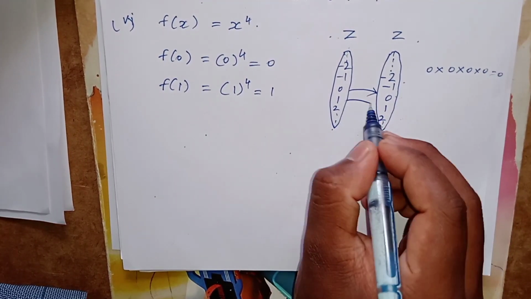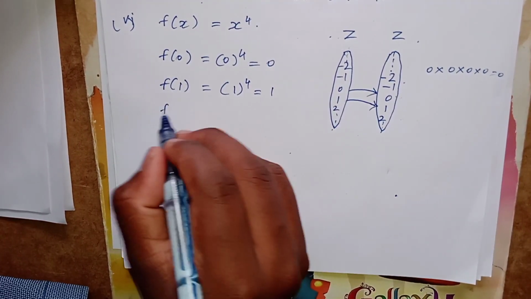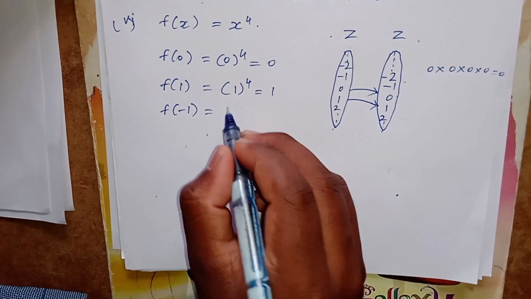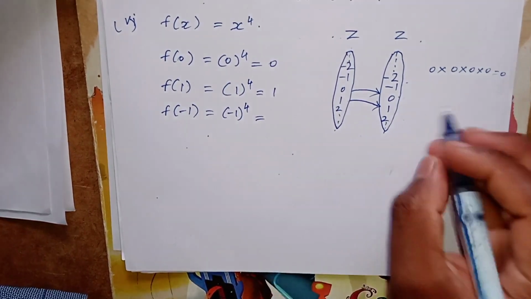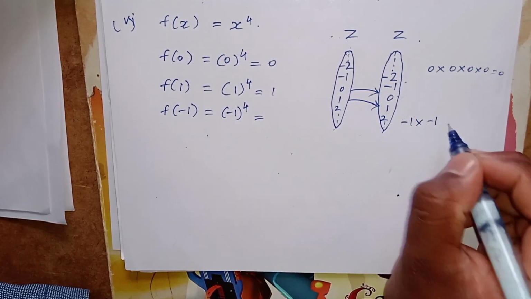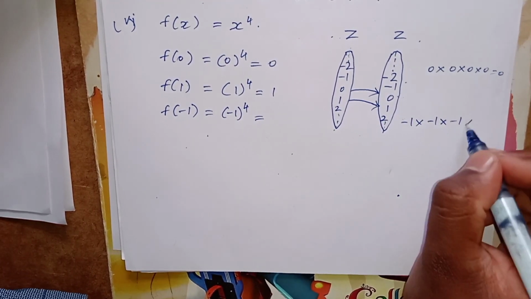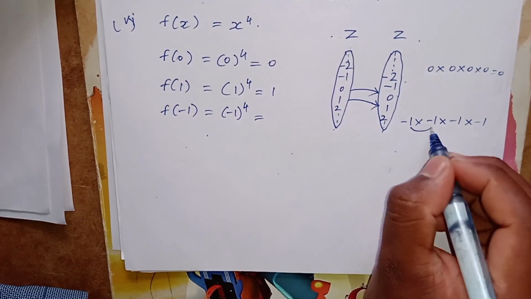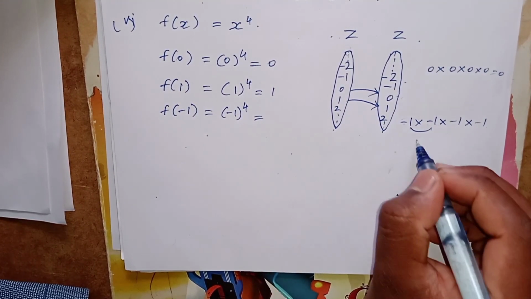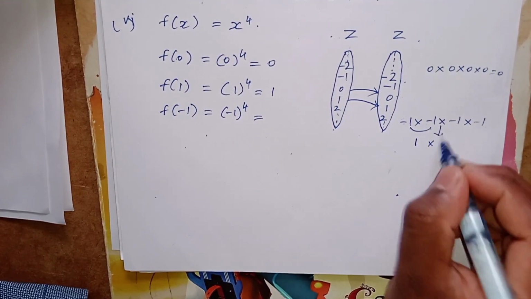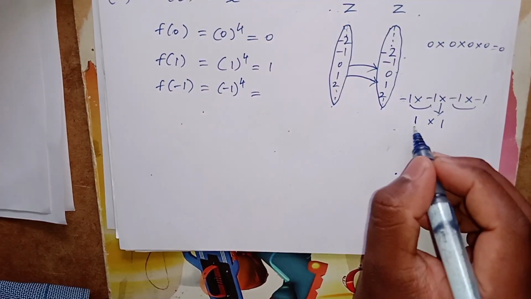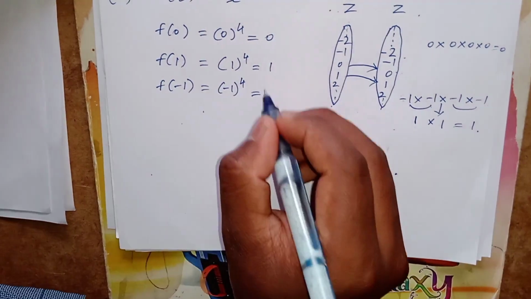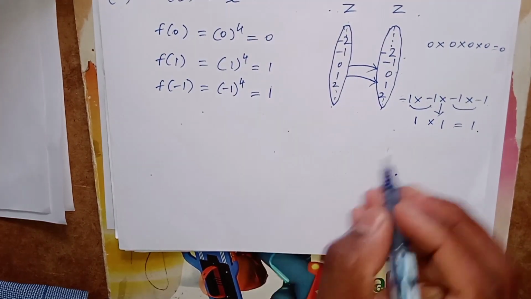Next f of minus 1, minus 1 power 4, that is minus 1 into minus 1 into minus 1 into minus 1. Minus into minus is plus 1, again minus into minus is plus 1, and 1 into 1 is 1. Therefore here also it is the same, 1.